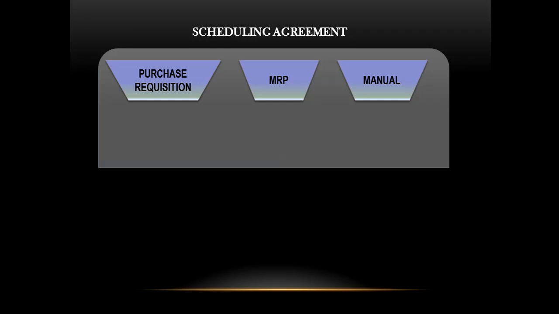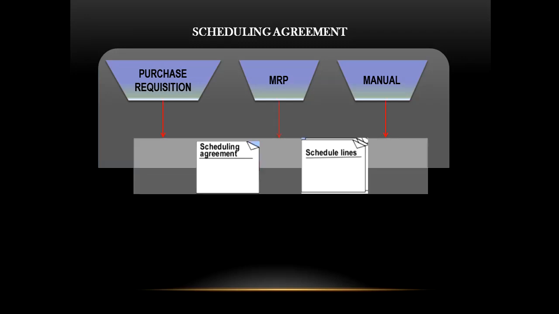So once a scheduling agreement is created, for that scheduling agreement one has to maintain scheduling lines, which means one has to give the quantity and delivery date. So how much quantity is needed at which date, that needs to be maintained.